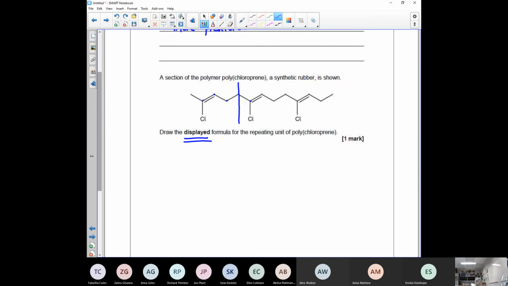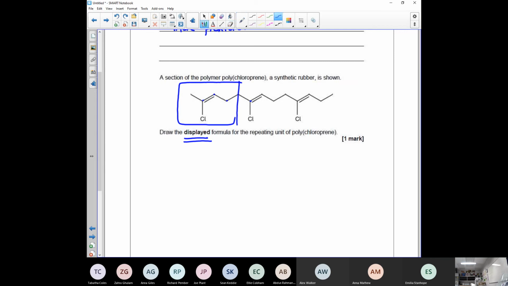I've had a look at this polymer and broken it where the repeating pattern starts again.